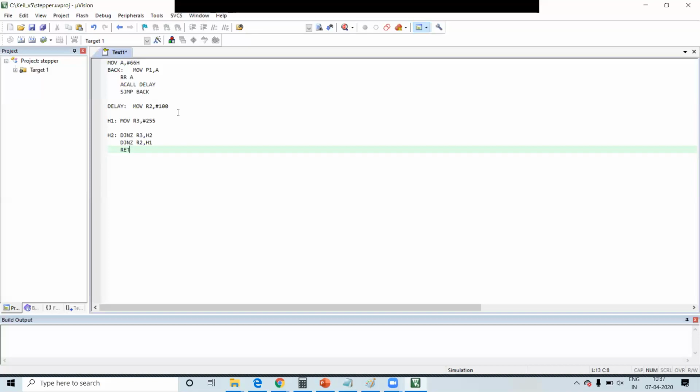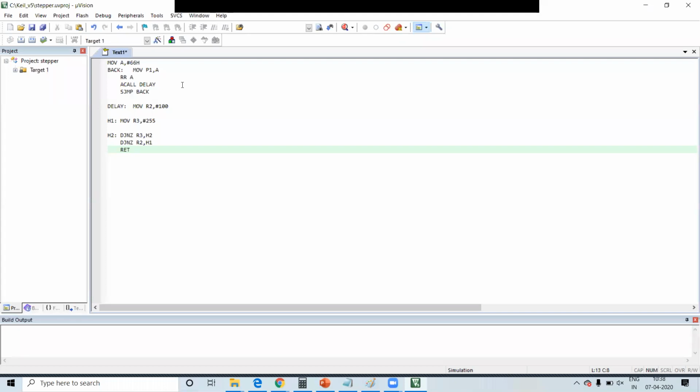You have to connect it to a hardware on which this program is to be run. The hexadecimal equivalent of the result, the executable file, will be burnt to that kit, and the output of that will be connected to the driver, and the output of the driver is connected to the stepper motor in this case.